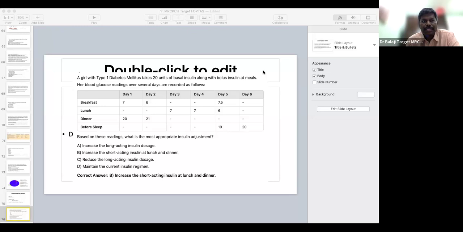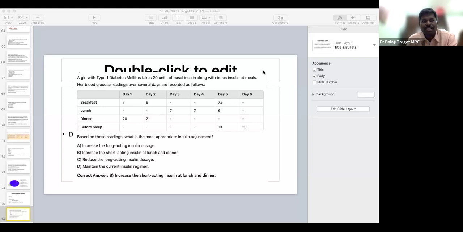So the first step when you have hyperglycemia in the morning is to look into the midnight sugars. If the midnight sugar is also high, then you are going to increase the long-acting insulin. If the midnight sugar is low, at a hypoglycemic level, then you have to reduce the dose.